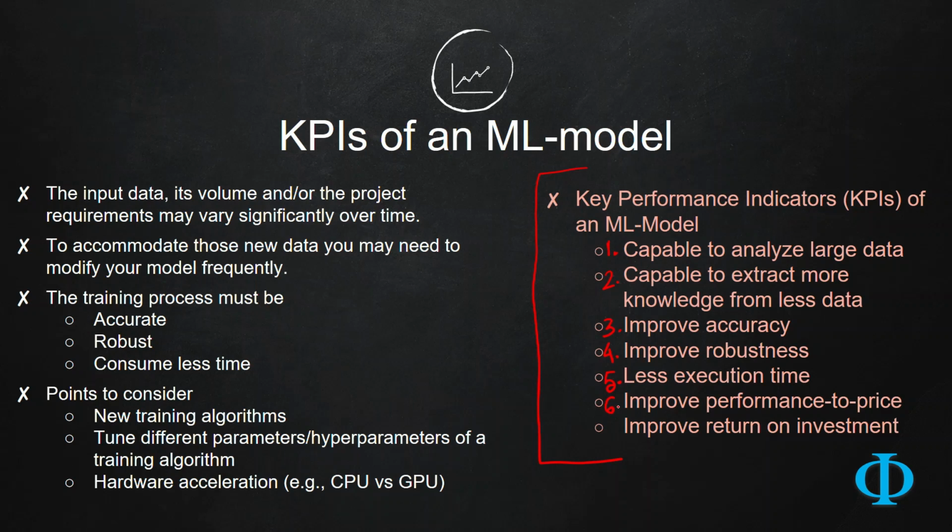Number six, it's not only about the performance. When building the machine learning model, you have to be within budget. So not only the performance, but you have to consider the performance-to-price ratio.